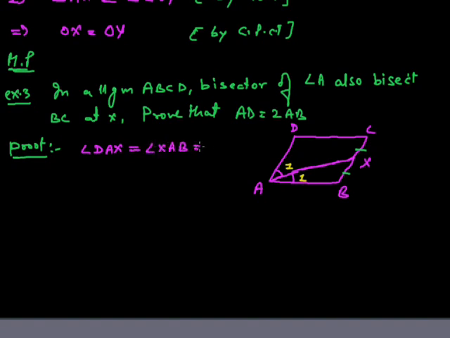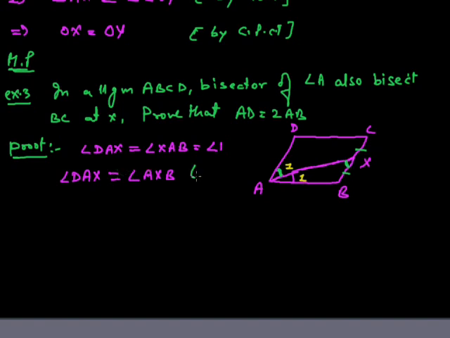We are assuming them equal to angle 1. Can you see, angle DAX should be equal to angle AXB? Reason? This angle DAX should be equal to AXB.